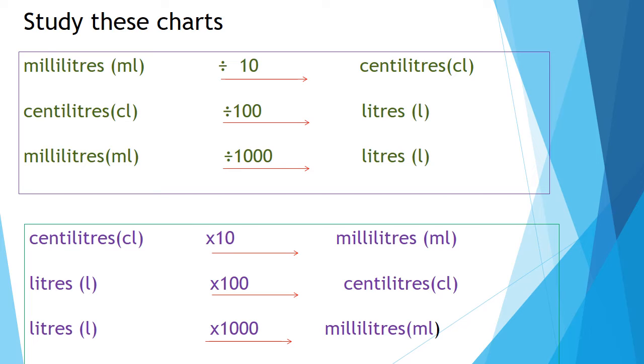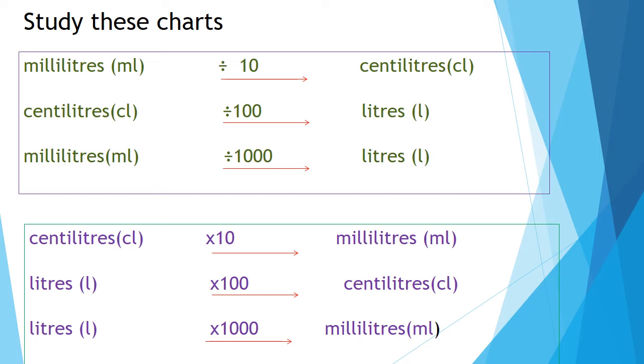Look at the next chart. Centiliters convert into milliliters. Centiliters are bigger, milliliters are smaller, so when we convert a bigger unit into a smaller unit, we multiply. Here we multiply by 10 because there are 10 milliliters in 1 centiliter.